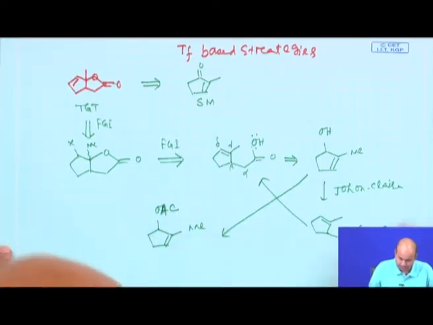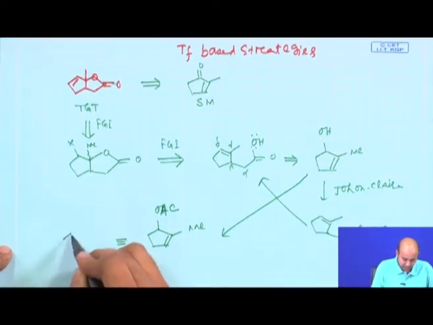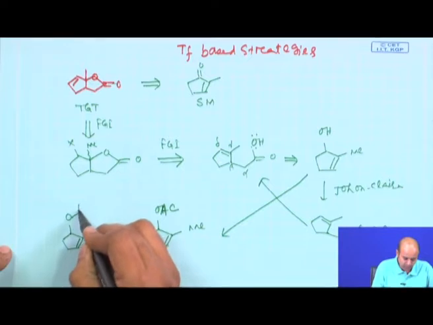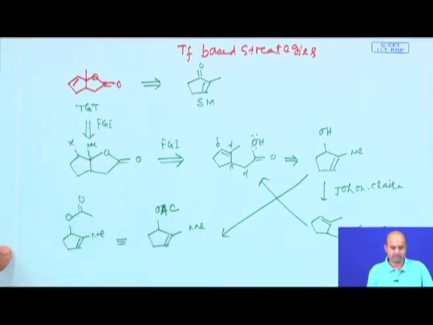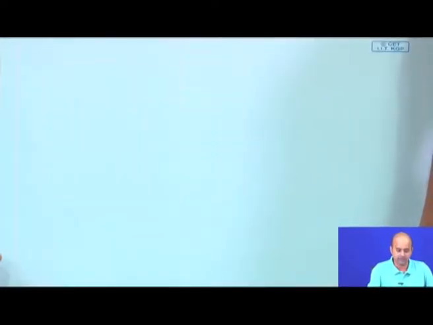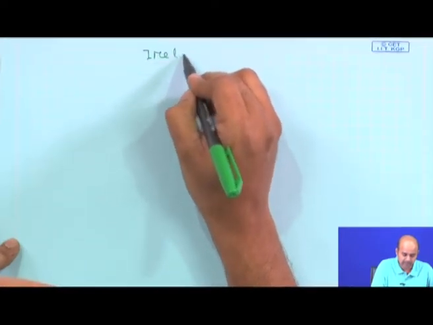Now, acetate is basically OCOCH3. So, now we will try to use a similar kind of 3 sigmatropic rearrangement, which is named the Ireland Claisen rearrangement.